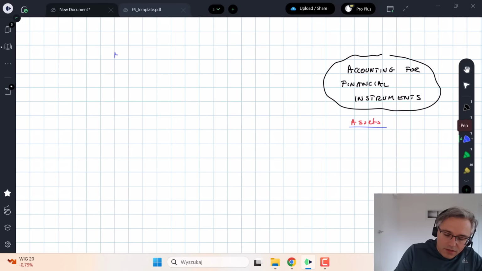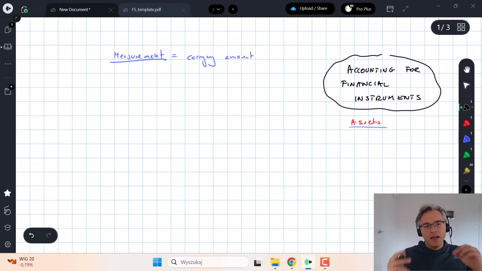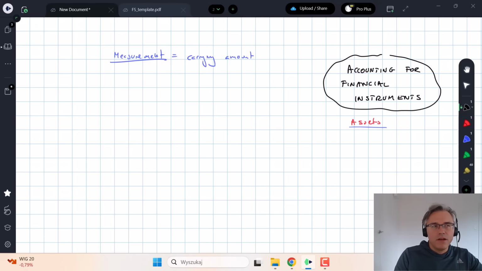So when we perform what's known as measurement, that is, determining the carrying value, the carrying amount of an asset, in the case of assets that are financial instruments, there are essentially two ways you can go, or indeed three ways.